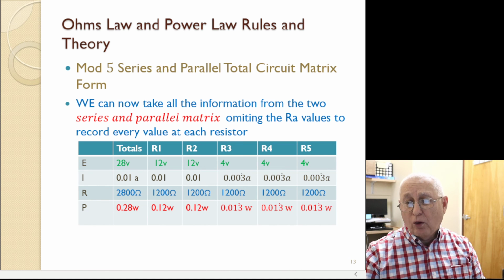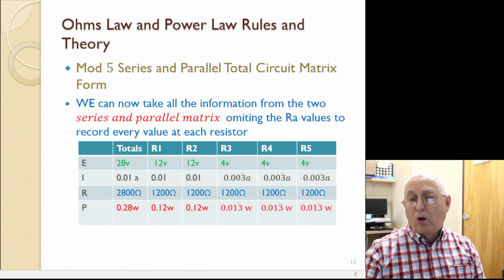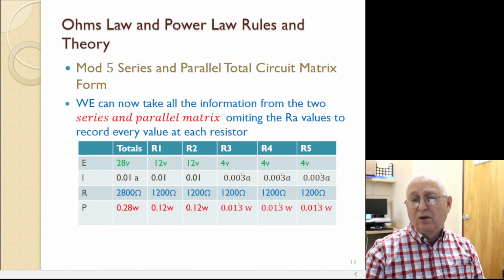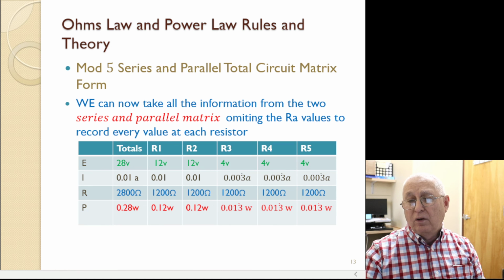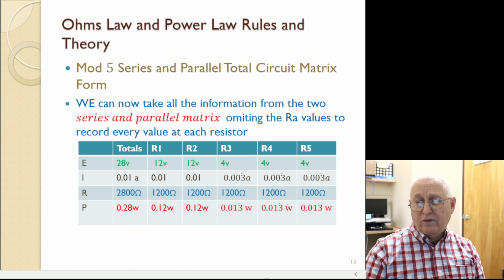R2, 12 volts, 0.01 amps, and 0.12 watts. R3, R4, and R5, these are our parallel circuits. We have 0.003 amps, we have 1200 ohms, and we have 0.013 watts, and all these values are the same.